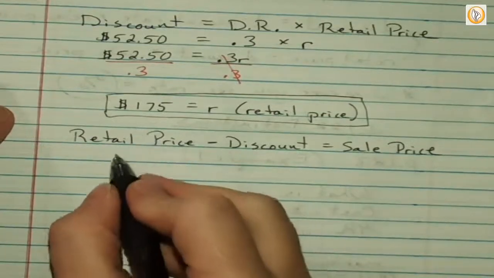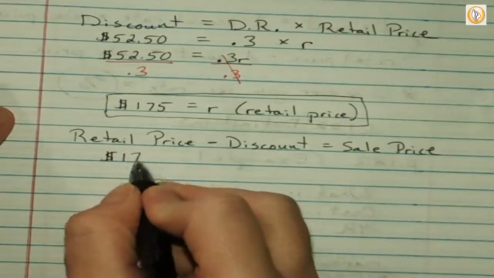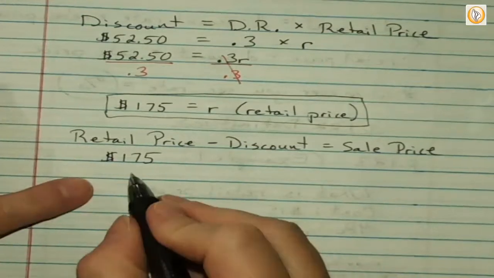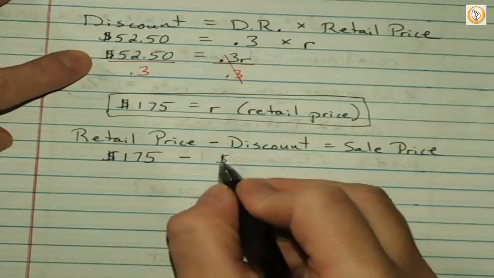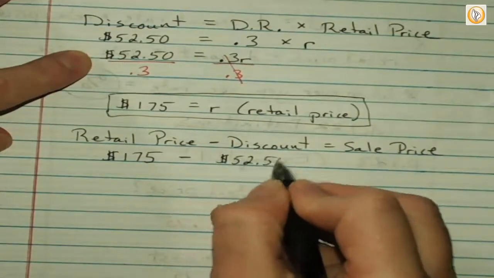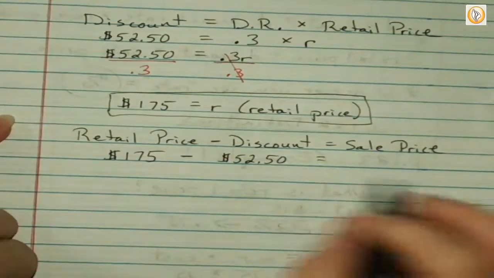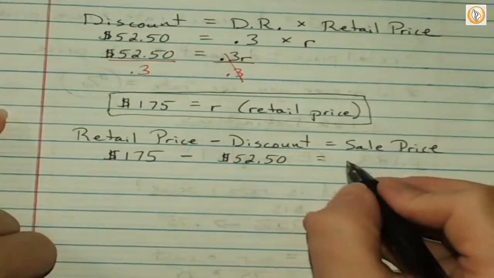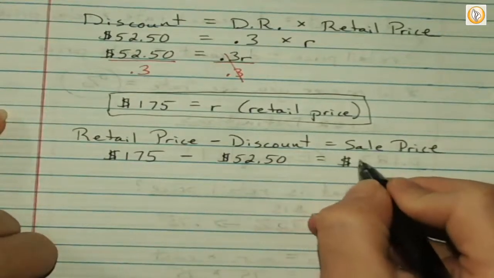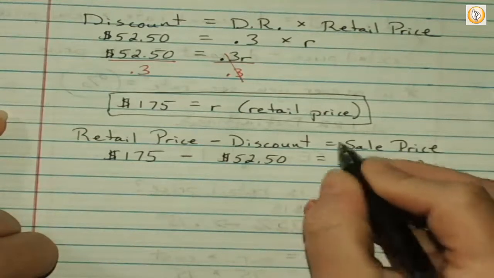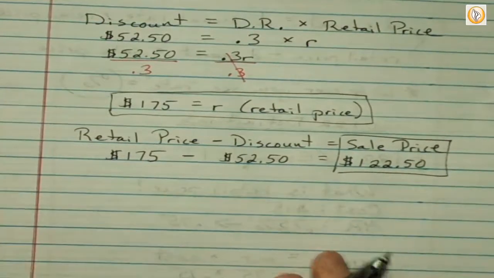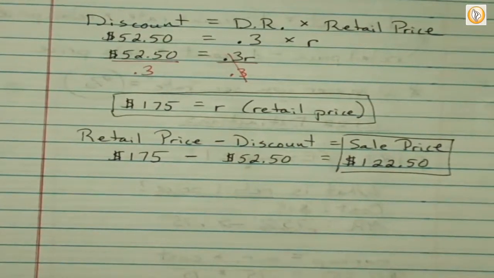So we know the racket normally is $175 minus the discount, which is $52.50. So you subtract the two, and your book's already done it for you. He paid $122.50 for the sale price. So that's not a bad deal.